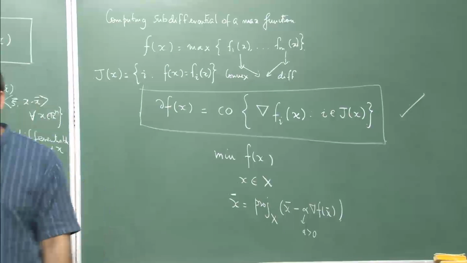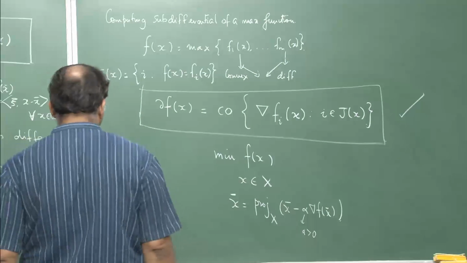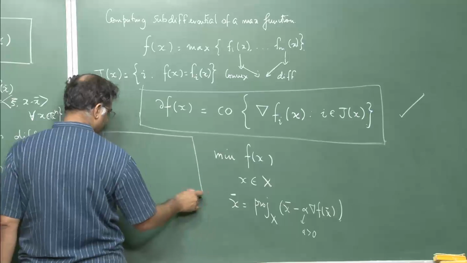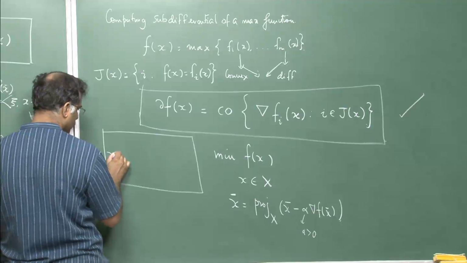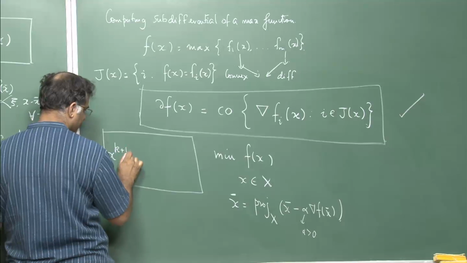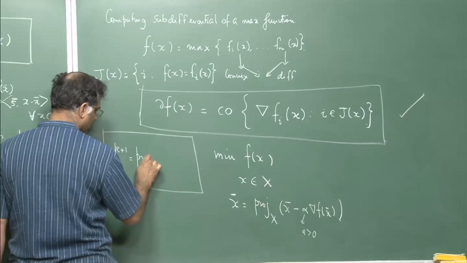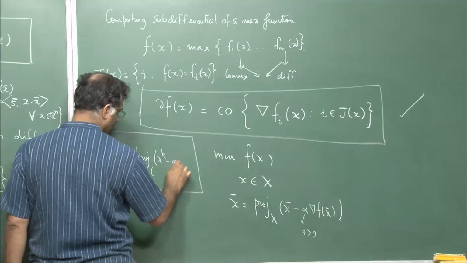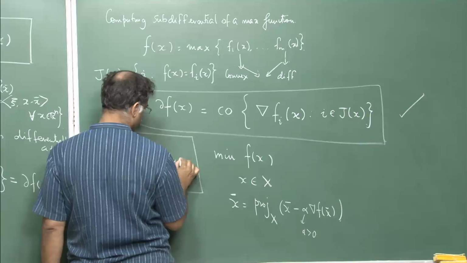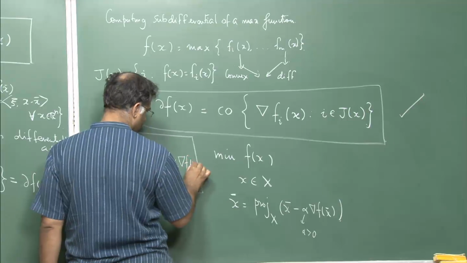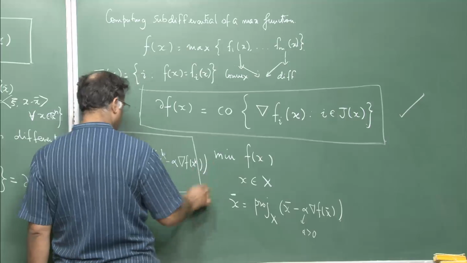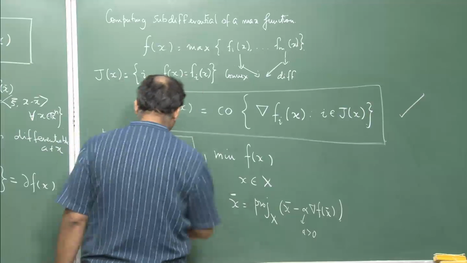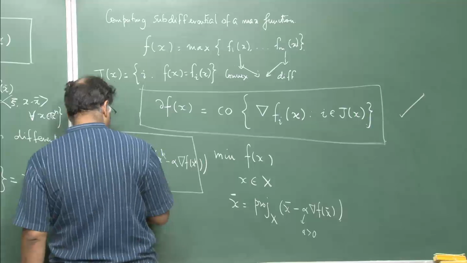So, from this we said that okay, then we generated an iterative scheme. You really have to choose a step length alpha carefully, projection on X, I wrote X there.